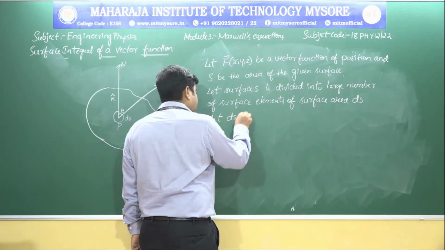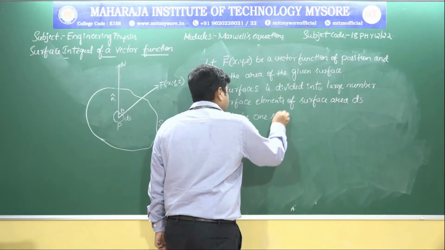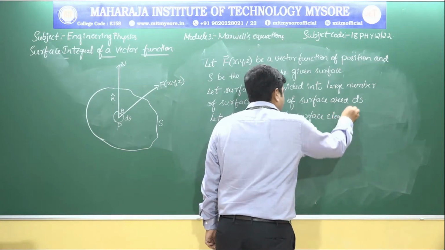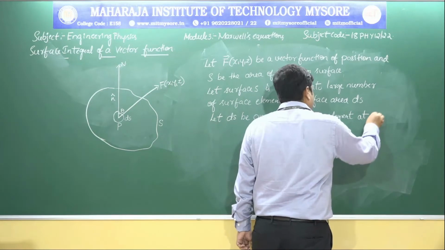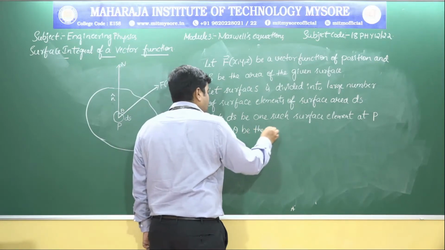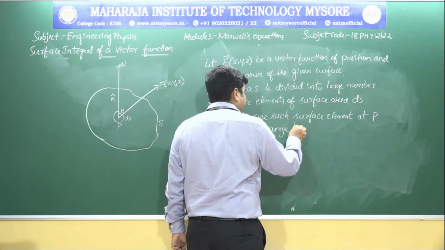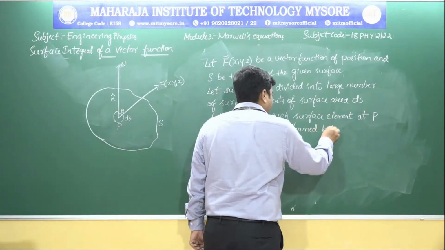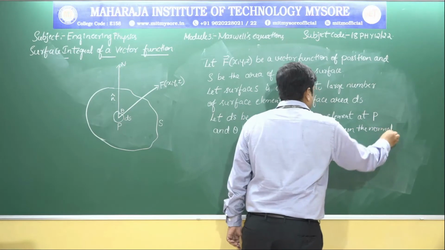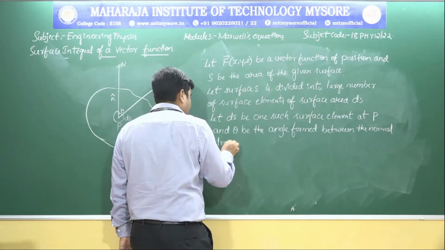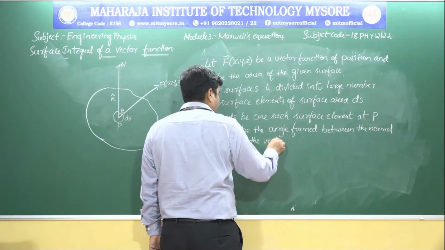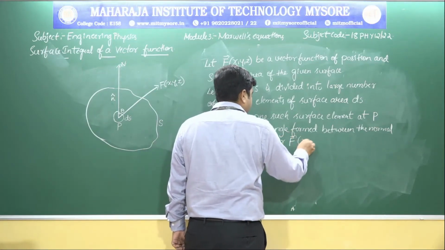Let ds be one such surface element at P, and theta be the angle formed between the normal drawn to the vector f of x, y, z.